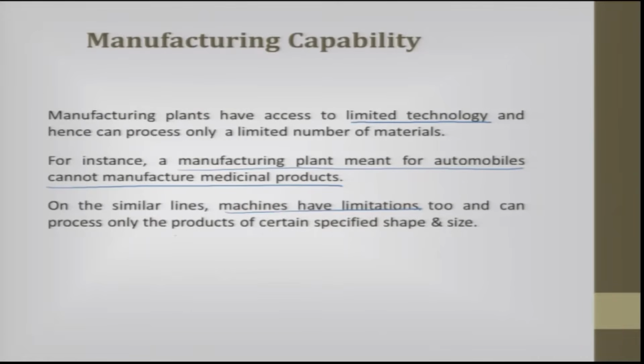For example, I can have an injection die which makes 1 spoon, or a die which makes 10 spoons. So, depending upon the shape, size, pressure and raw material quantity I have, I can produce more in number. Machines have a limitation in numbers, and that depends on the shape and size.